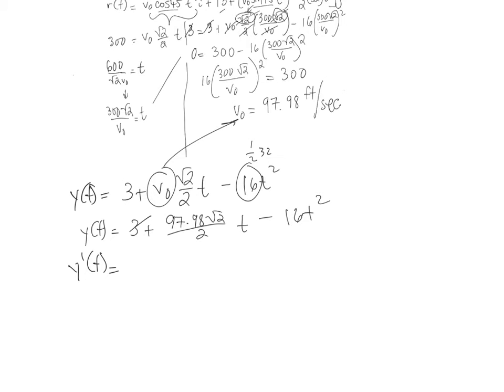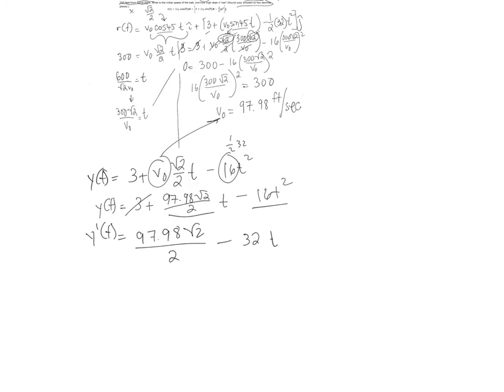Now you can use the power rule. So 97.98 root 2 over 2 minus 32t. And now you can set the whole equation equal to 0, and then you should get the time for the maximum height.